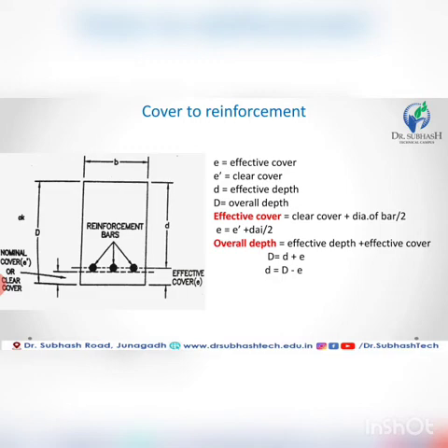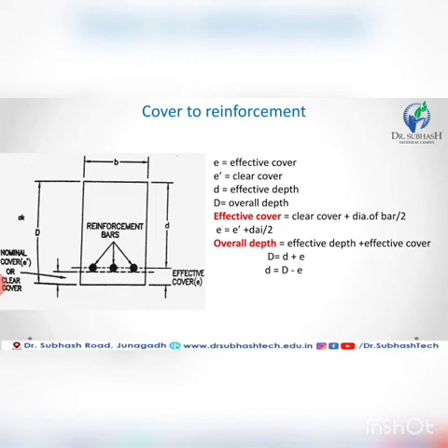E is equal to effective cover, E dash is equal to clear cover, small d is equal to effective depth of a beam, capital D is equal to overall depth of beam, small b is equal to width of beam.